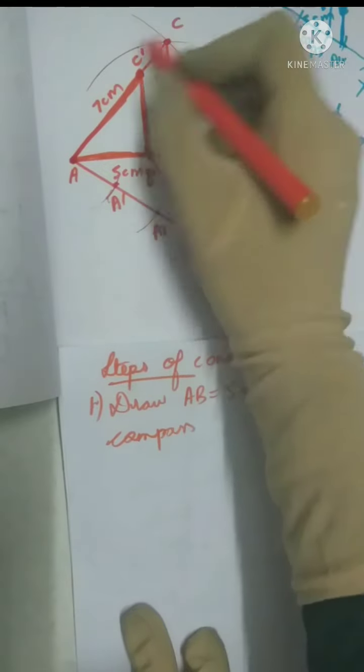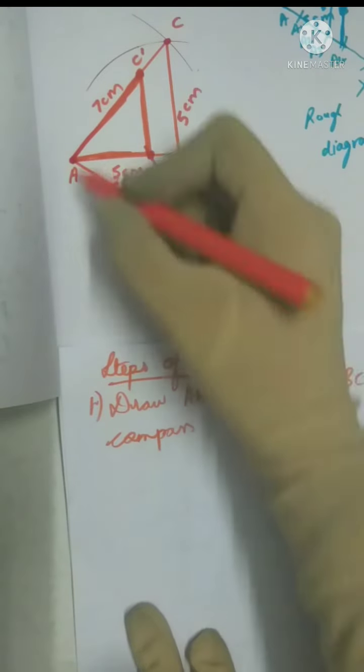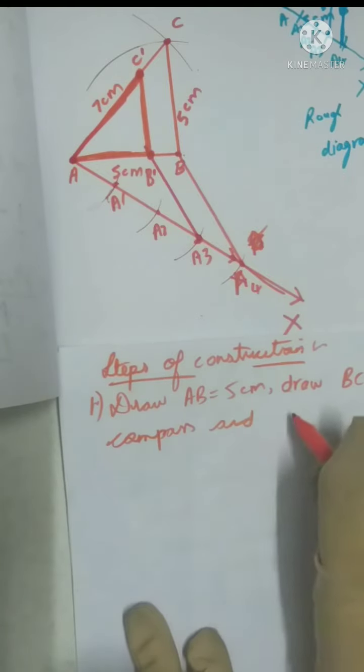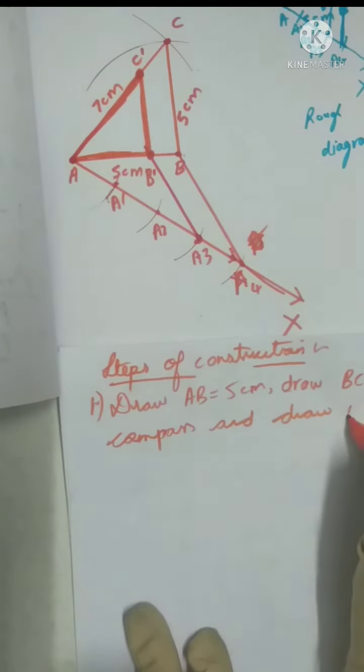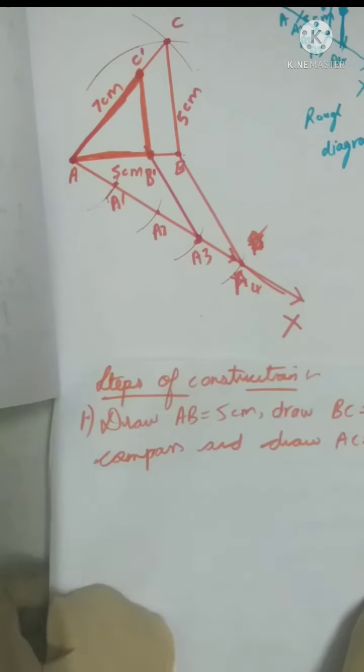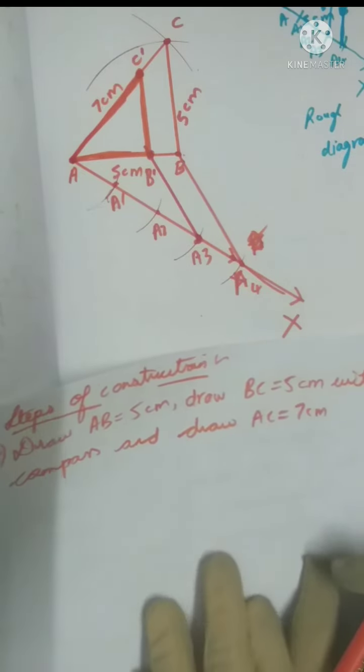Both we are drawing with compass only, right? BC and CA. Why are we choosing these dimensions only? Because these dimensions are given in the question.